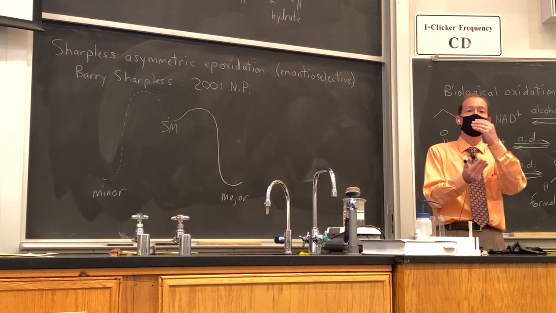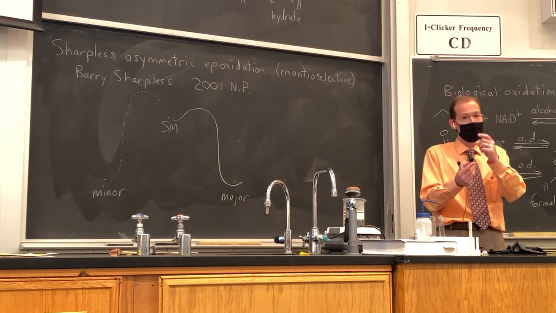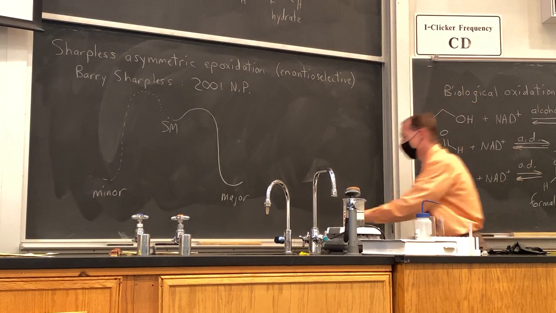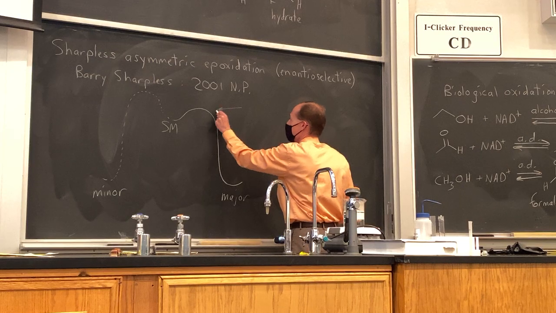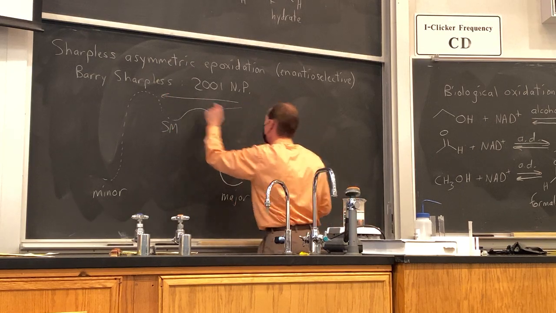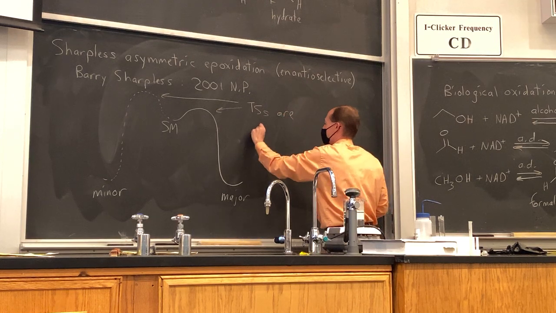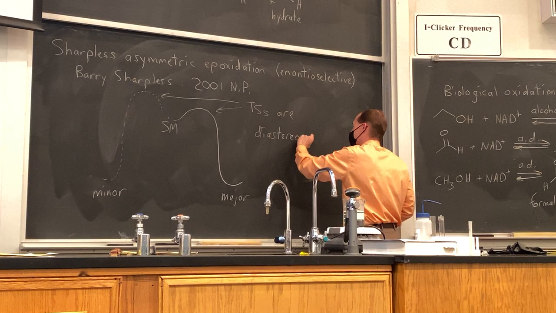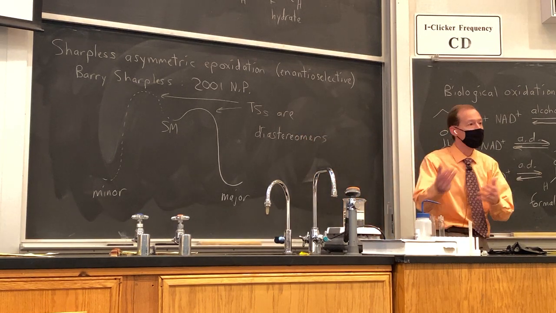But if you have a chiral catalyst involved in the transition state and a single enantiomer of that catalyst, now those transition states are diastereomers of each other. Okay? So with a chiral catalyst, these two transition states are diastereomers. Diastereomers are not equivalent in energy.